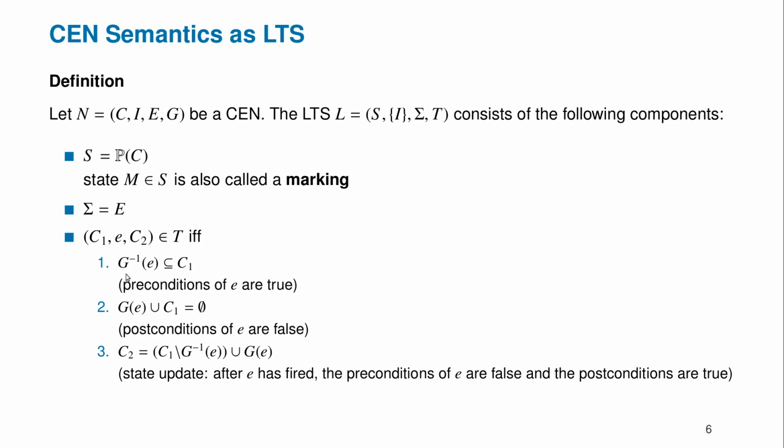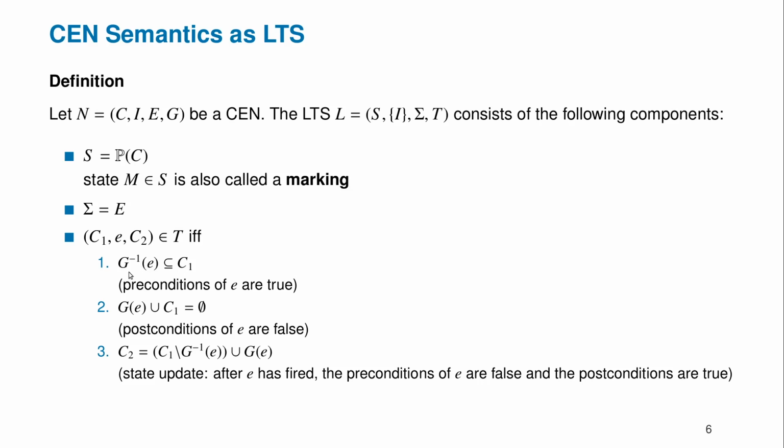First of all, we have to ensure that the preconditions are true. So when an event should fire, first of all, it has to be the case that all the preconditions are true in the current state.